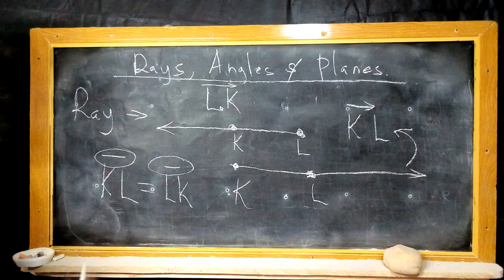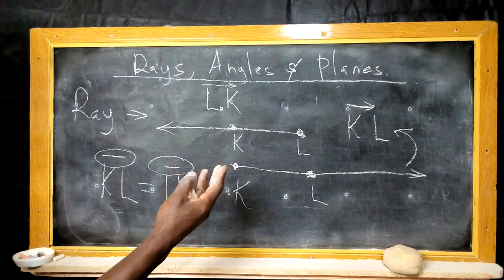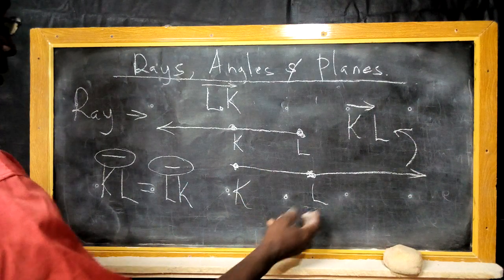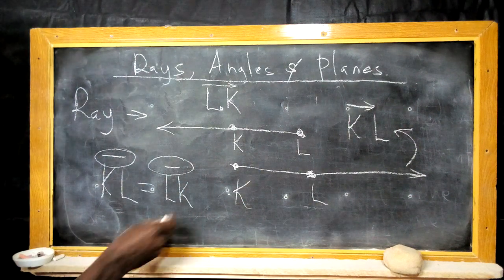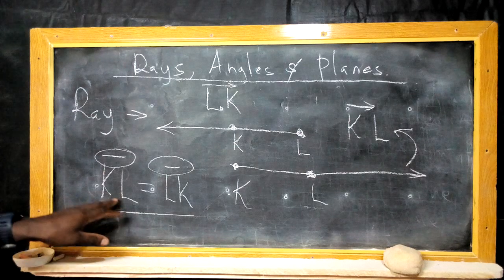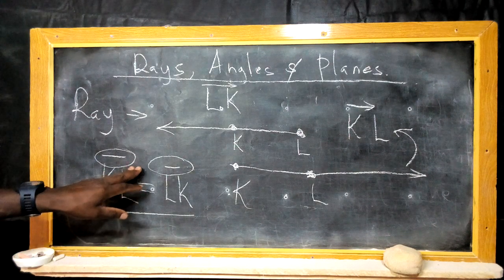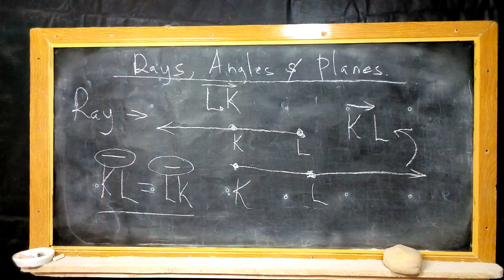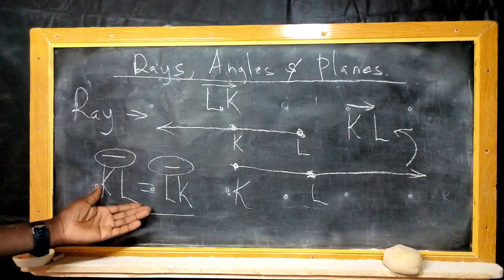So if we refer to the line segments KL or LK, the magnitude can be represented as this, and we're going to talk about the commutative property. But if we're not having a vector indicating direction, then these line segments are just the same, and they can be represented as such.